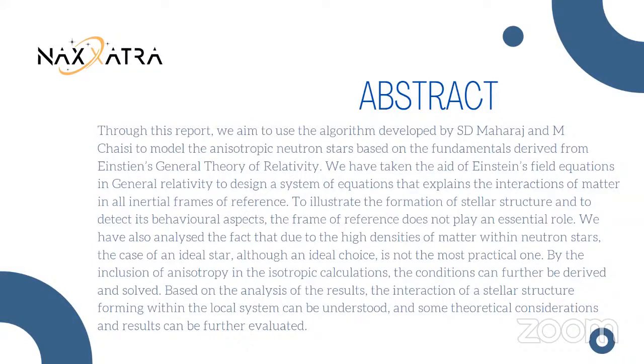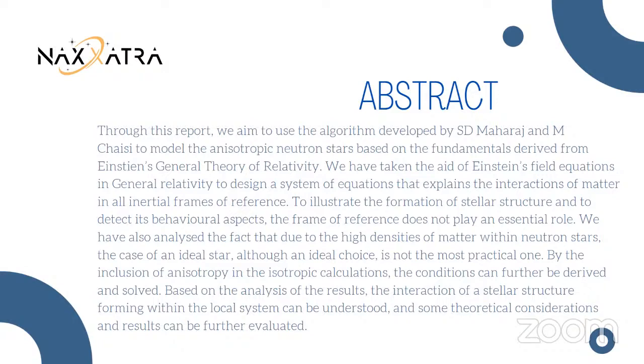We also analyze that due to the high densities of the matter within the neutron star, if we consider the case of an ideal star, which may be an ideal choice, it is very far from the most practical one. However, through our discussions, we found that understanding how the conditions are in ideal cases, we may be able to further strengthen our knowledge of the practical cases.